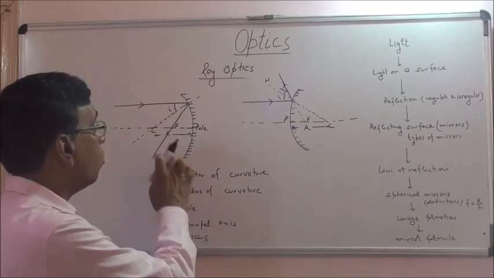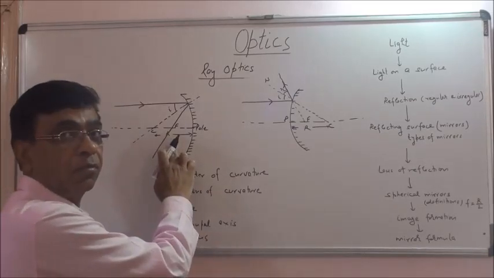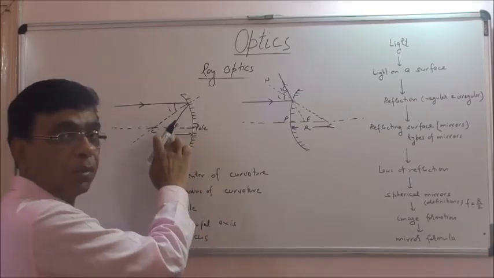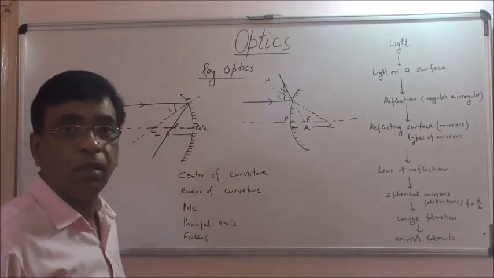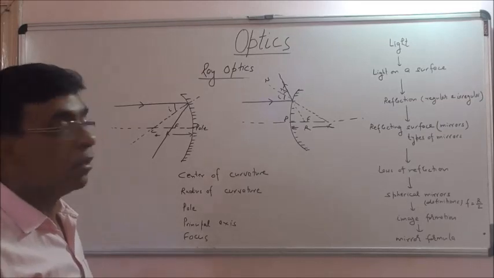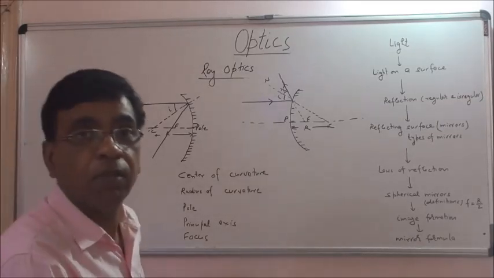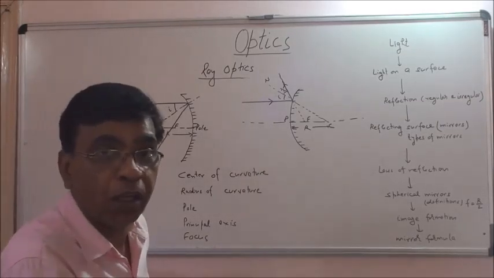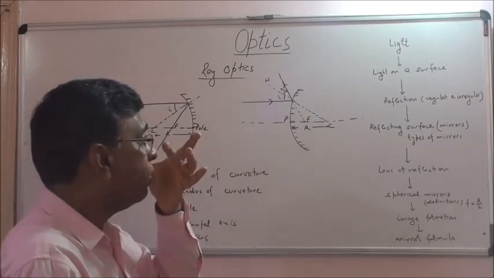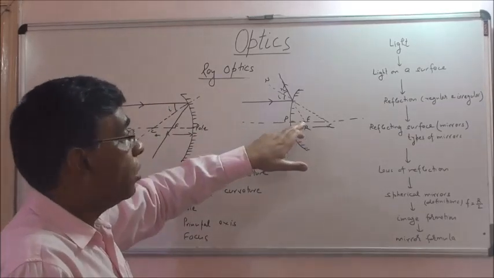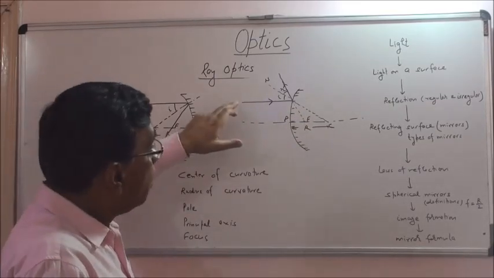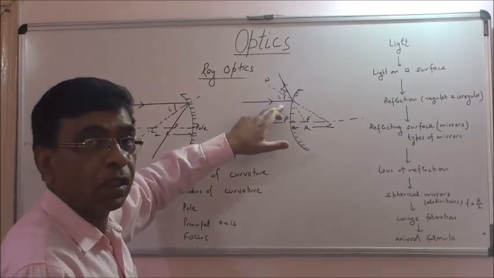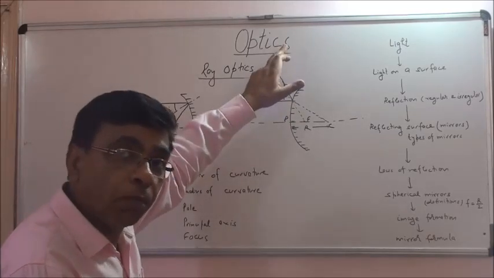That is for concave. For convex, how will we define it? A point on the principal axis from which a ray initially parallel to the principal axis appears to come.